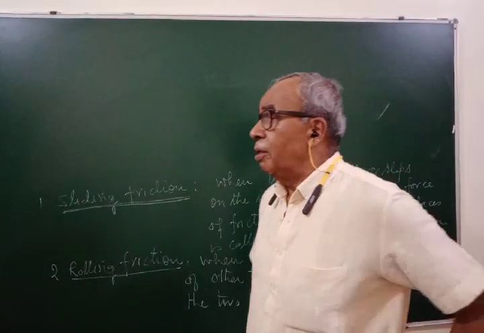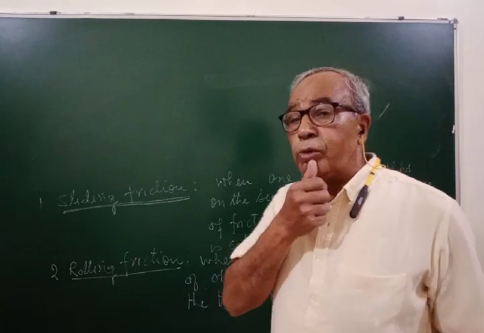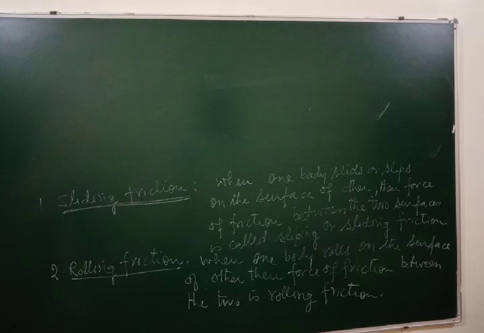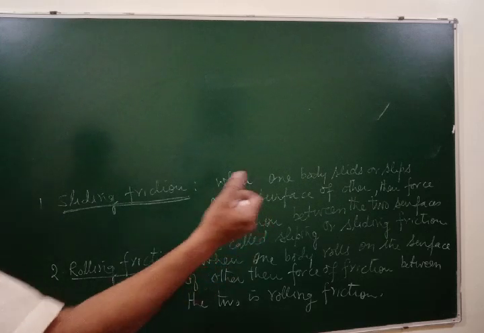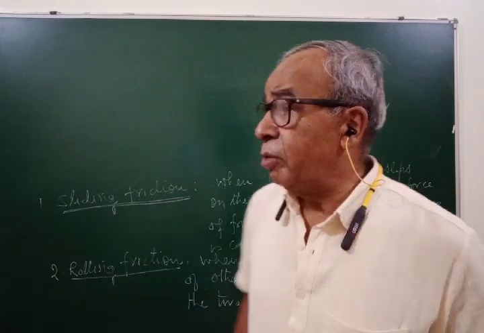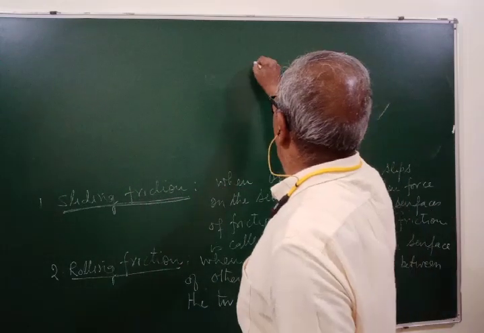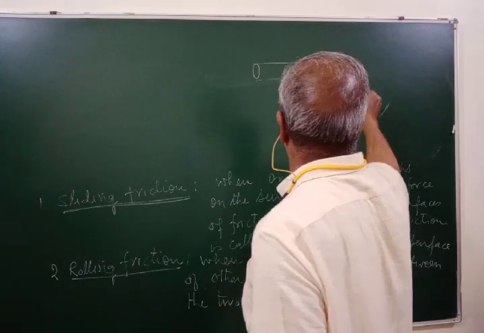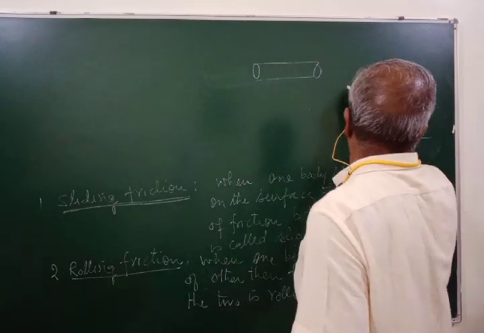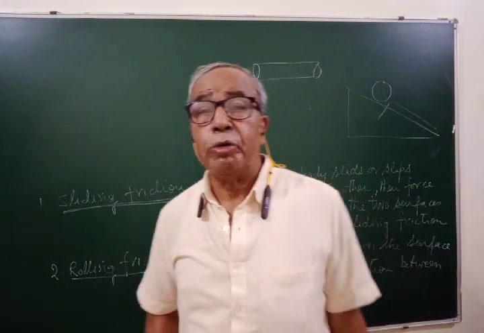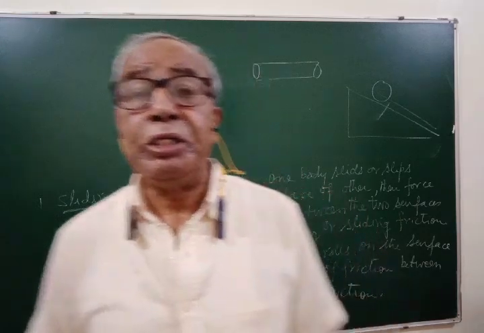Actually initially this fact was not known to people, so we used to slip the loads, but in one accident a log of wood was placed somewhere on an inclined plane like this, so it started rolling by itself, and it was found that it is very simple, very easy to roll.